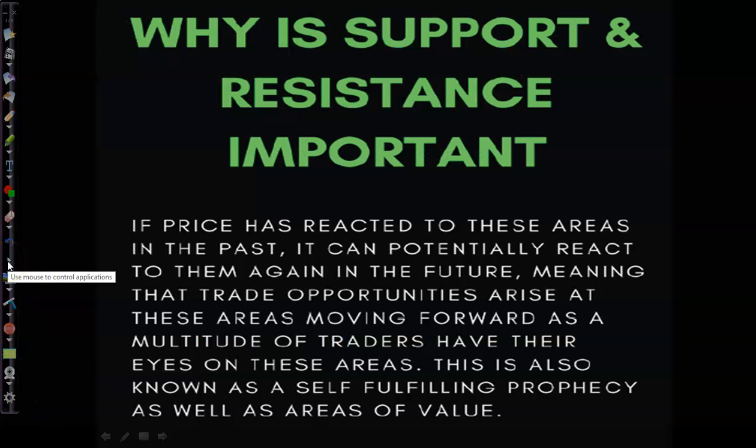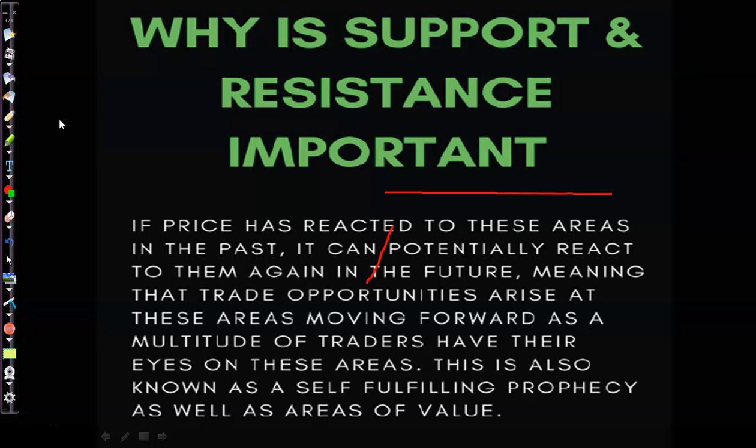Why are support and resistance important? If price has reacted to this area in the past, it can potentially react to it again in the future, as I showed earlier. For example, suppose here is a resistance line.